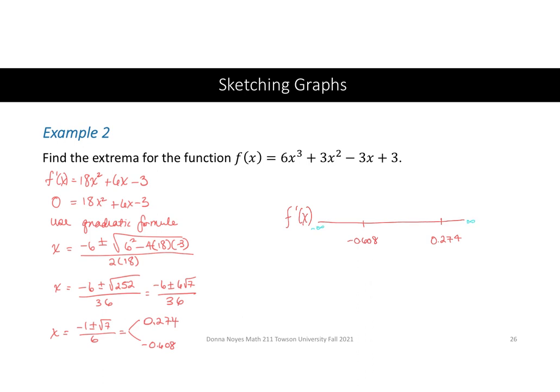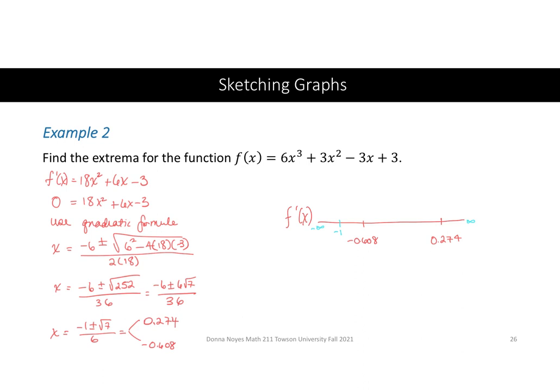So what we have to do now is we need to find some points that lie in each of these intervals, to test to see whether our function is increasing or decreasing. So what I'm going to suggest is that maybe we test negative 1.